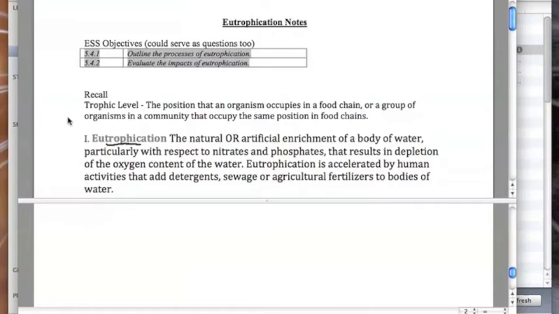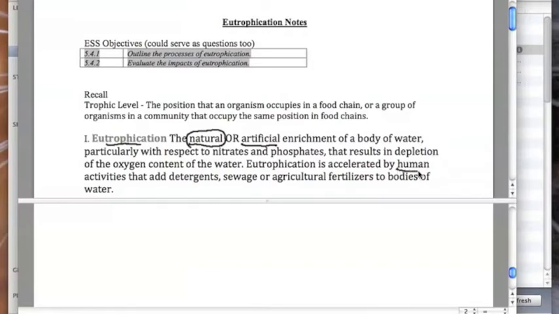When we study eutrophication, we should consider both the natural factors that lead to eutrophication, things like succession in nature, where an ecosystem is changing over time, or things like volcanoes that would naturally add to eutrophication in an aquatic ecosystem. However, our big focus today is going to be artificial things that lead to eutrophication in an aquatic ecosystem.